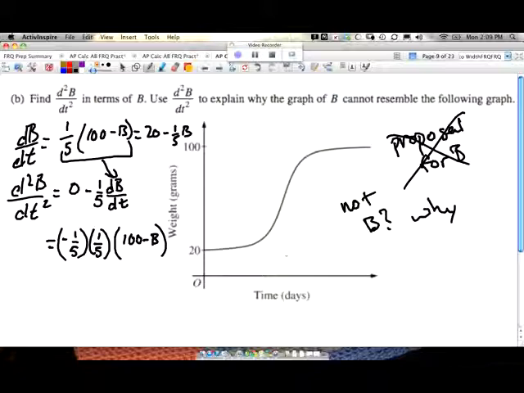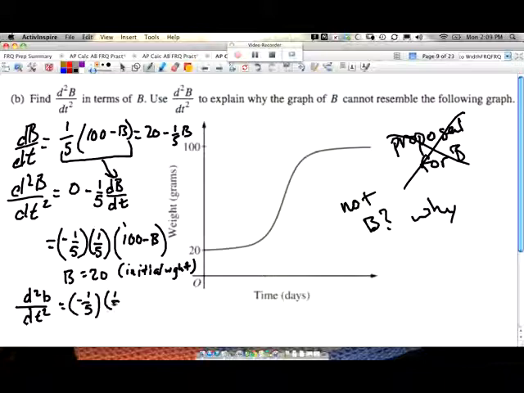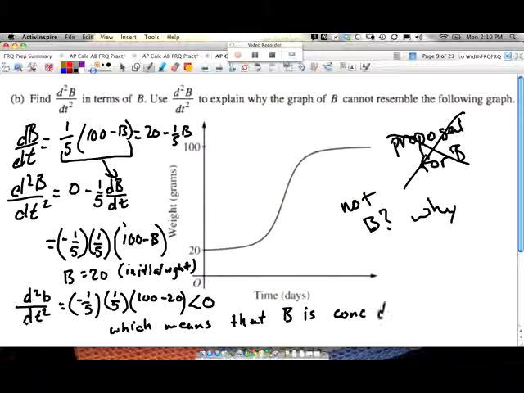Here's something kind of interesting. When b equals 20, the initial weight, then d squared b over dt squared equals negative 1/5 times 1/5 times (100 minus 20), which is not a big deal to figure out, except that it's less than 0, which means that b is concave down at t equals 0.